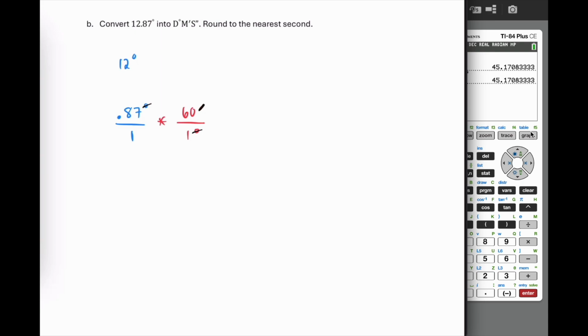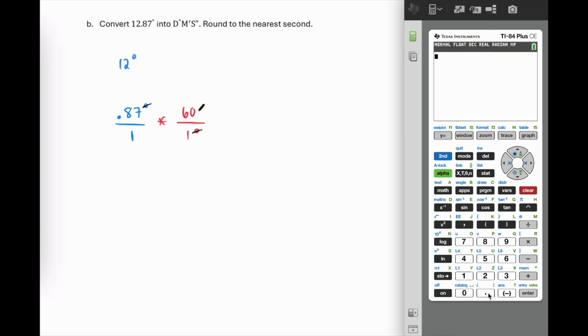The minutes are going to be the units that remain. Let's now just determine what 0.87 times 60 is by plugging that into our calculator. So we get 52.2. So there are 52 whole minutes, and then this is a fraction of a minute that will convert to seconds. But for right now, let's just say that this converts to 52.2 minutes.